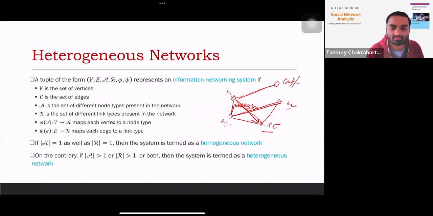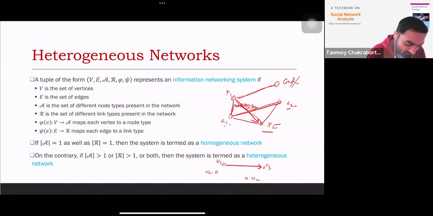Now let's look at only edge heterogeneous. Node homogeneous, but edges are heterogeneous. Let's consider Twitter. Users: user 1, user 2, user 3, user 4. If user 1 has followed user 3, there's a directed link. This indicates the follows relation or followed by relation.